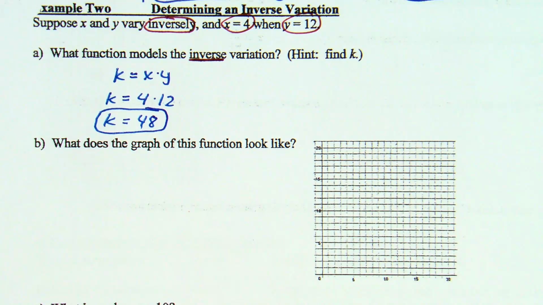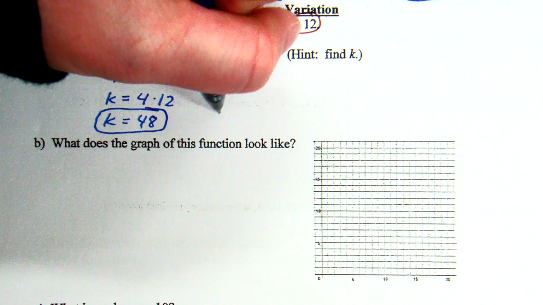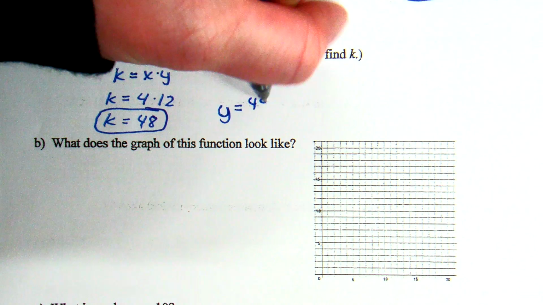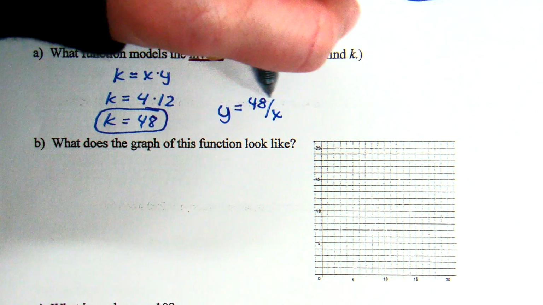Now, it didn't just ask me to find k, though. It wants the function that models this situation. So what's the function I'm looking for? Okay, y equals k over x, which is going to be y equals 48 over x in this specific situation.